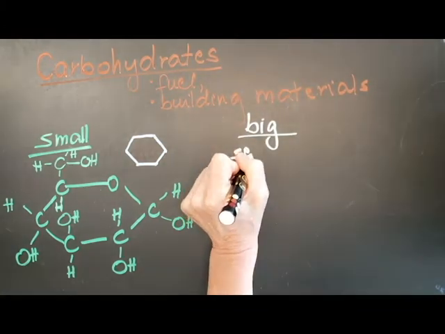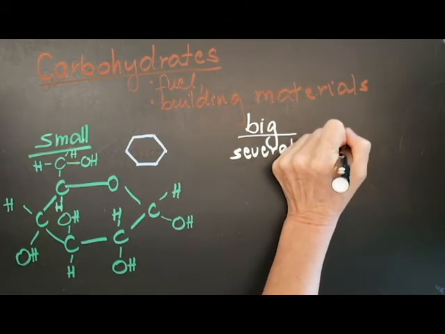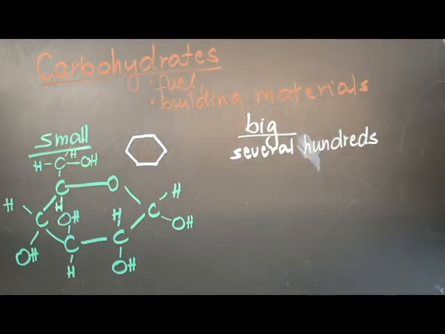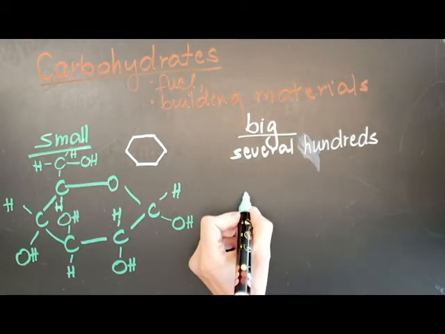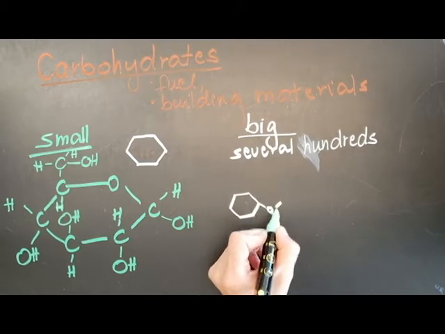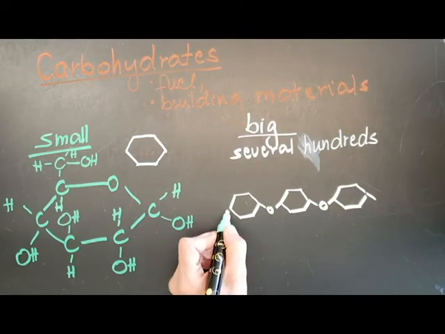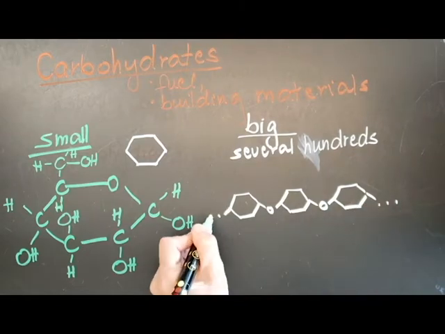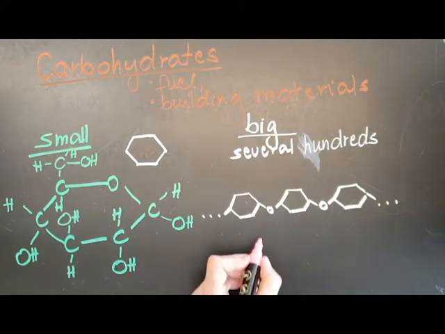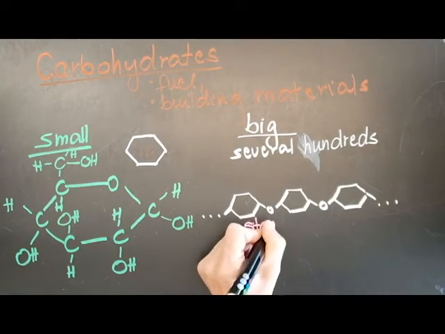Carbohydrates can be big when several hundreds of monomers combine together through chemical reactions and make a longer chain of the molecules.